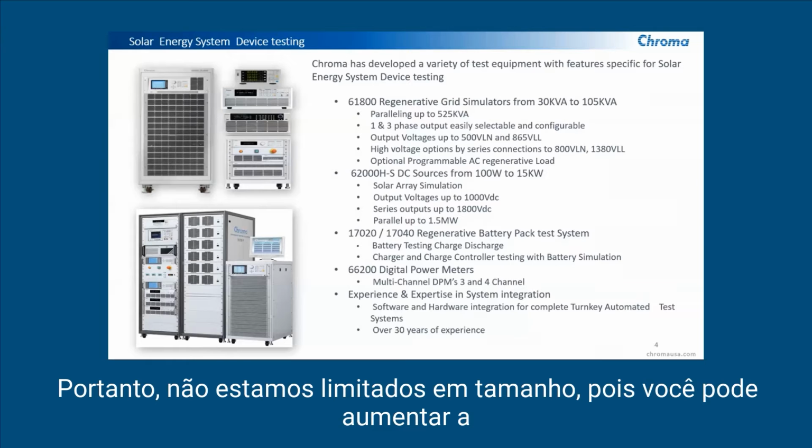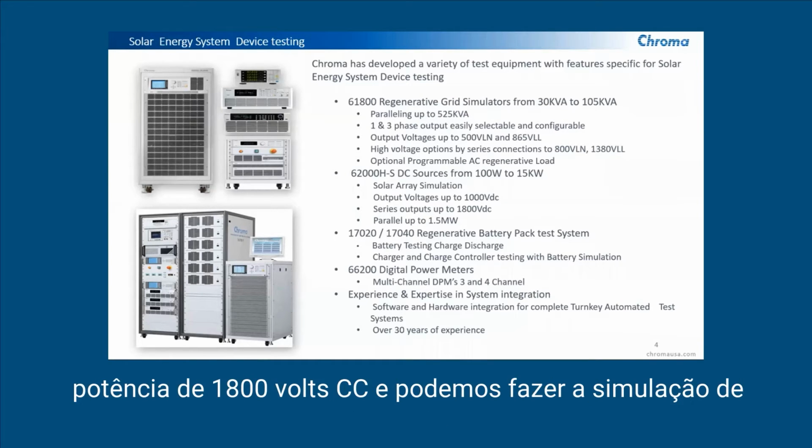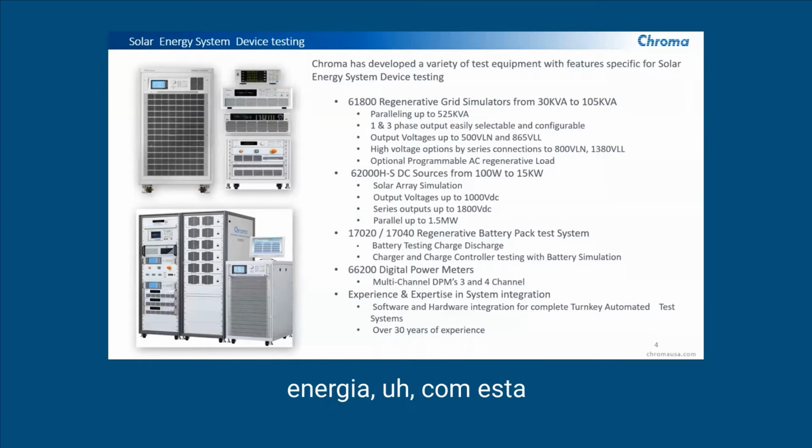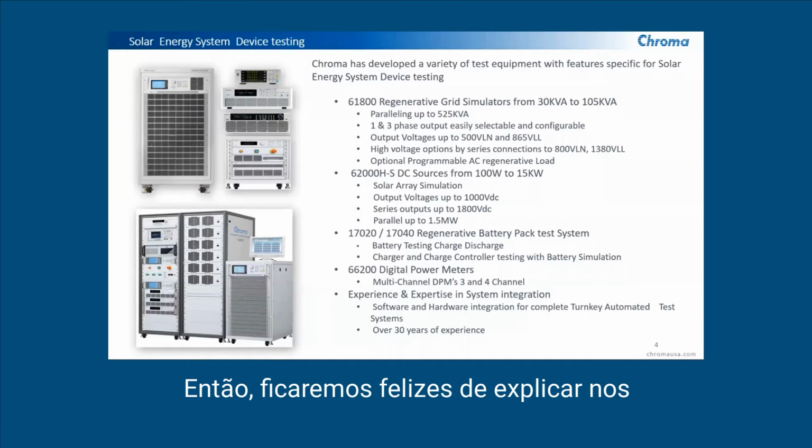So we're not limited on size for you. We can go up to 1800 volts DC, and we can do solar array simulation with this one. We'll be happy to go into more detail on that in the next slides.